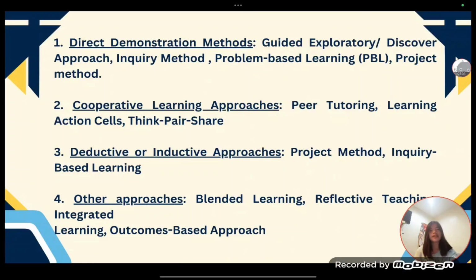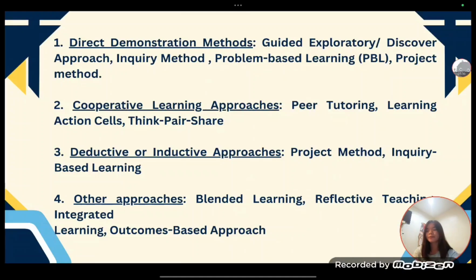This includes the guided exploratory, the discovery approach, the inquiry method, problem-based learning or PBL, and the project method. These methods emphasize hands-on learning, exploration, and problem solving. They encourage learners to discover concepts on their own with the guidance of the teachers, of course.